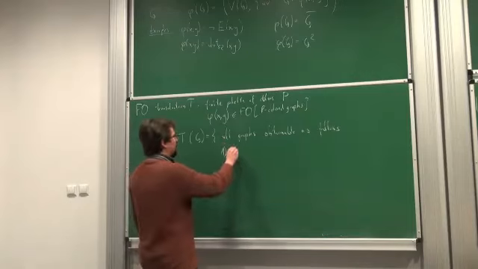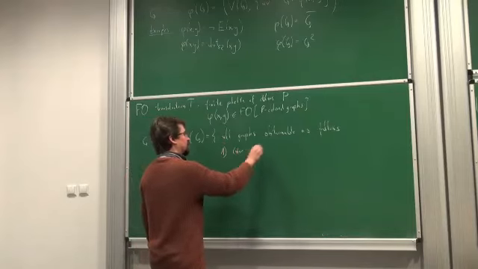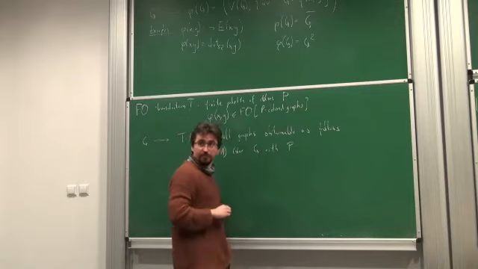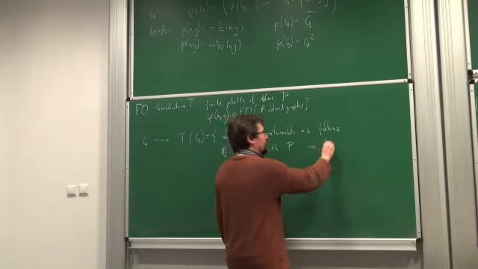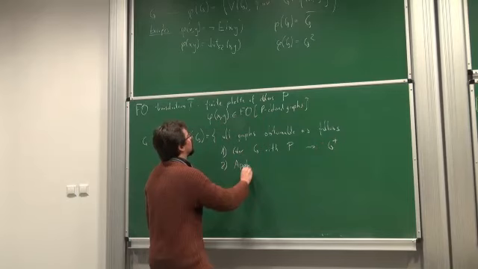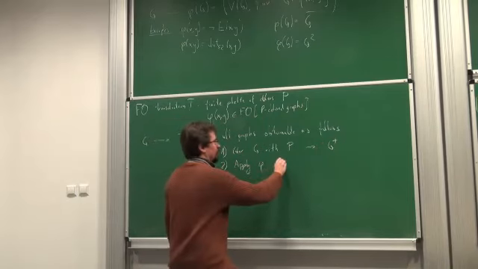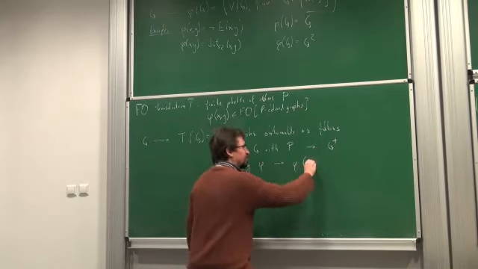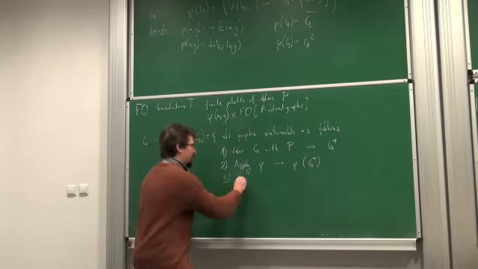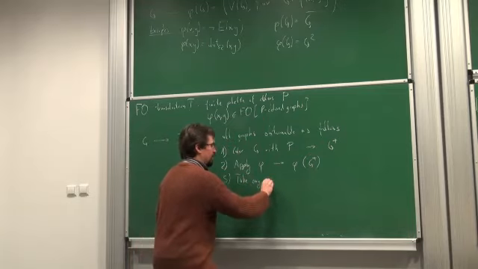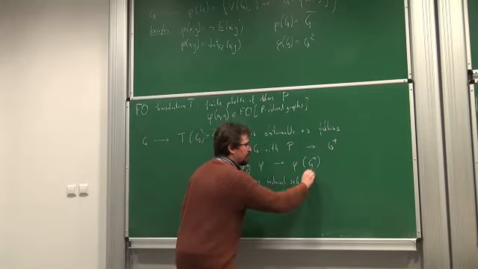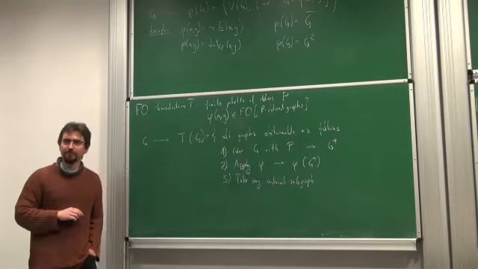First, color G with P, anyhow. Let's call the new graph G plus. Then apply my formula phi, so in this way I get the graph phi of G plus. And third, take any induced subgraph, so just remove any subset of vertices.